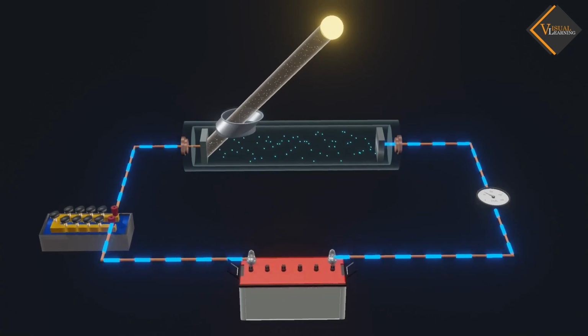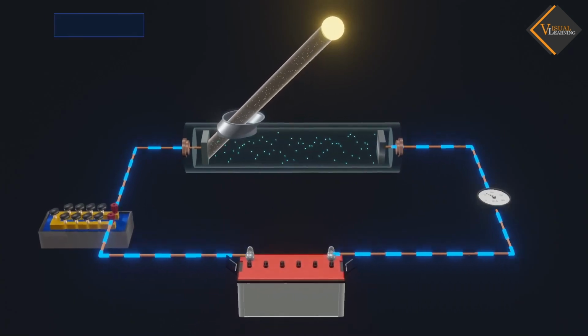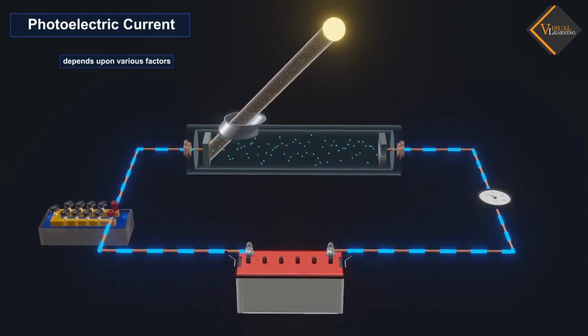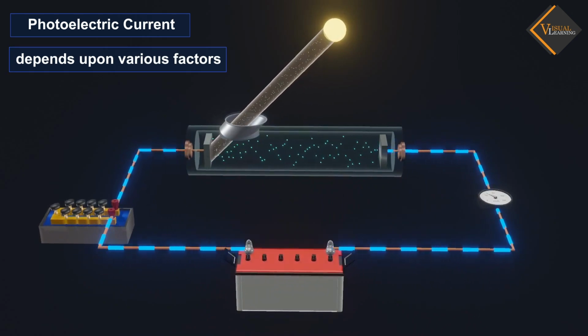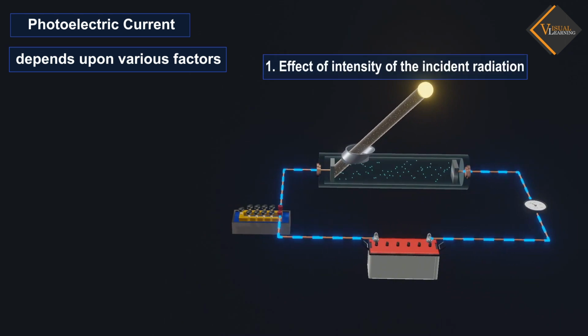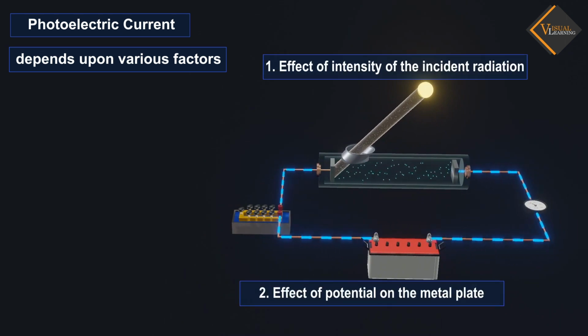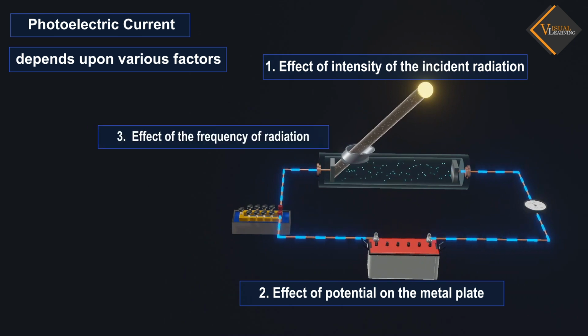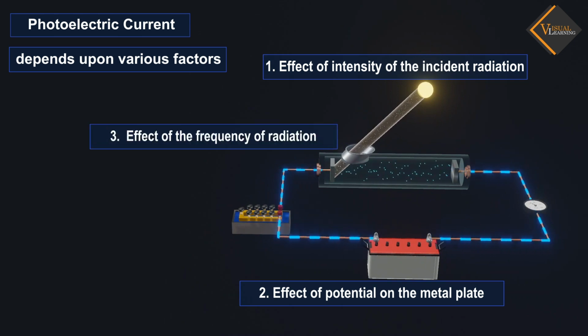In this experimental study, it was found that the photoelectric current varies depending on certain factors, and these factors are: effect of intensity of the incident radiation, effect of potential on the metal plate, effect of the frequency of radiation.